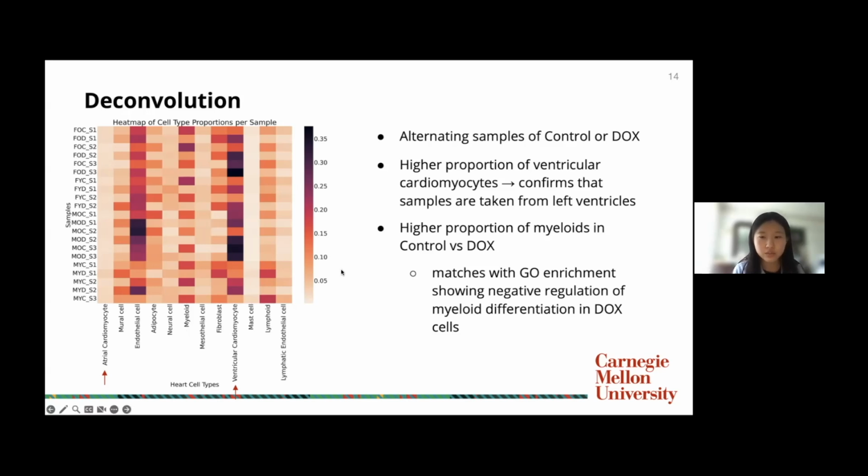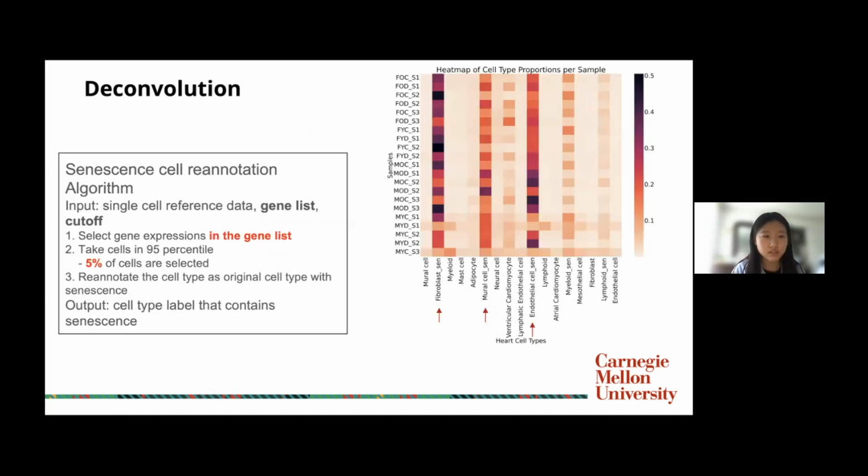Another thing we noticed was a higher proportion of myeloids in the control samples compared to the dox, which matches our GO enrichment that showed negative regulation of myeloid differentiation in our dox-treated cells.